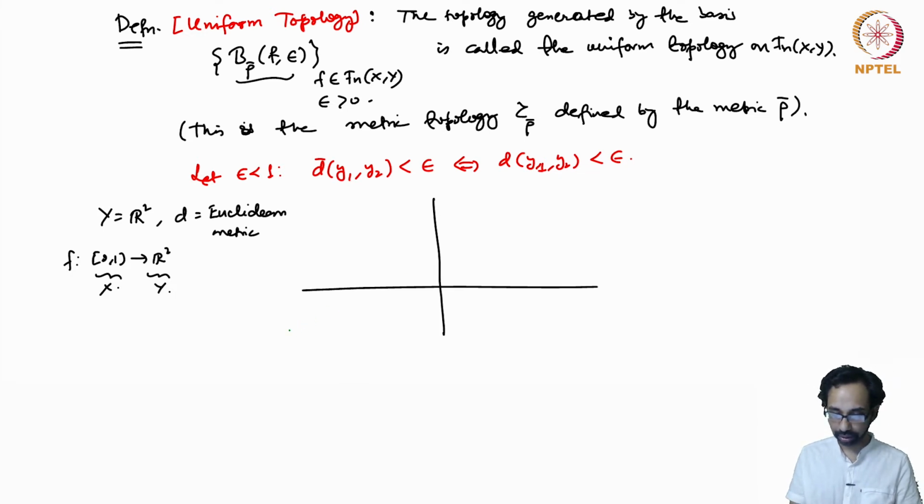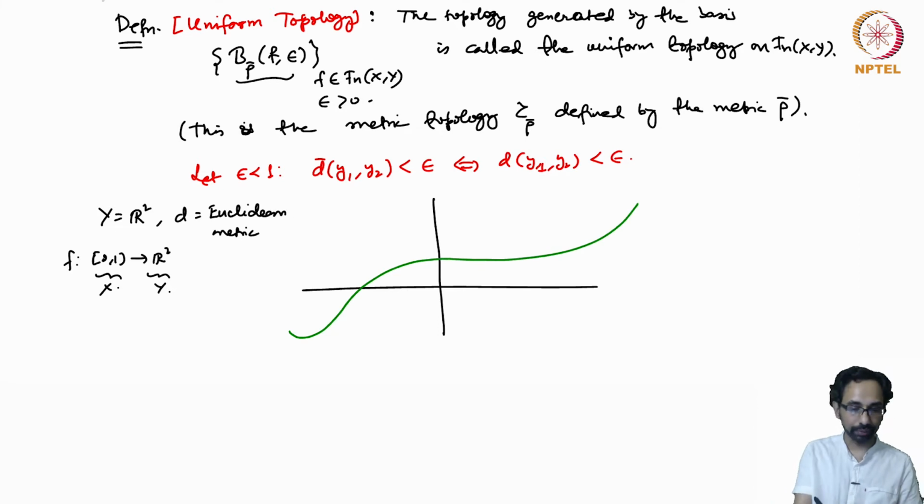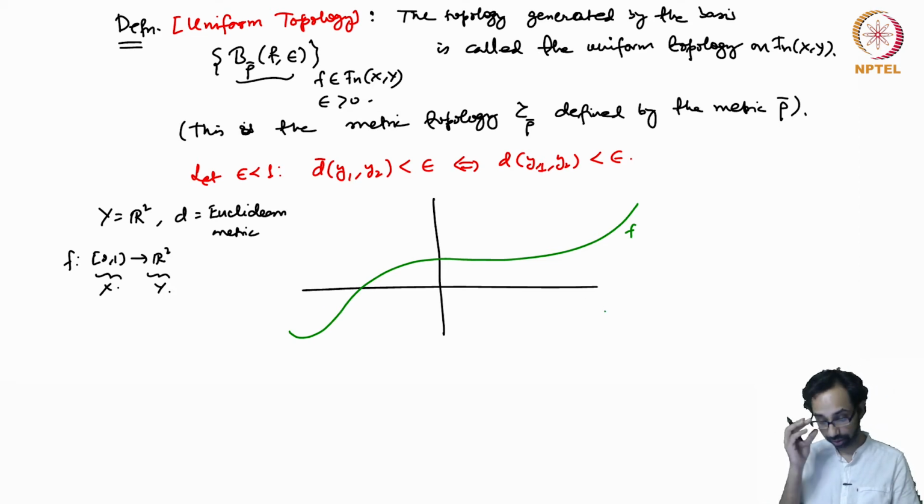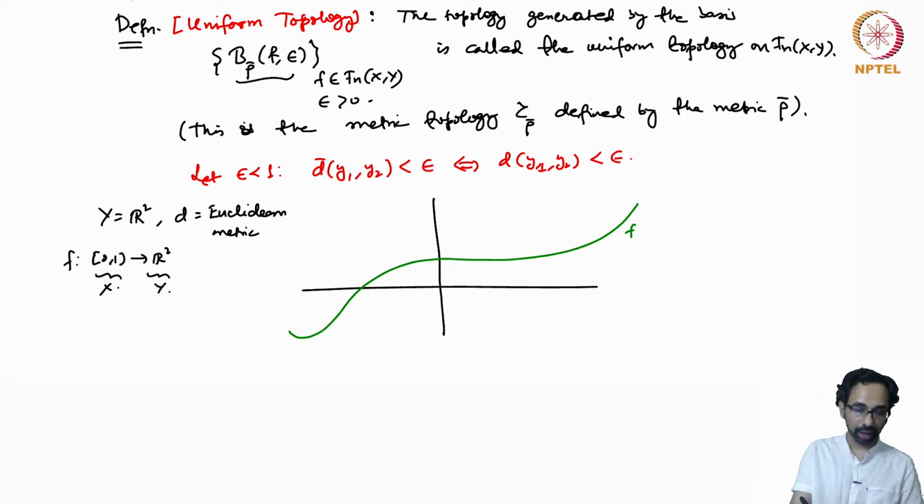So let us say that f is a continuous function. This is f, and this is basically the graph of the function. If you want, the function is a path in the space R2. And now what we do is we take a kind of tube of width epsilon. So this distance is epsilon around this path.